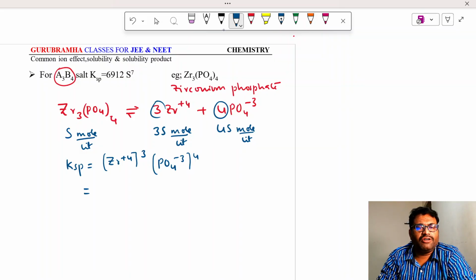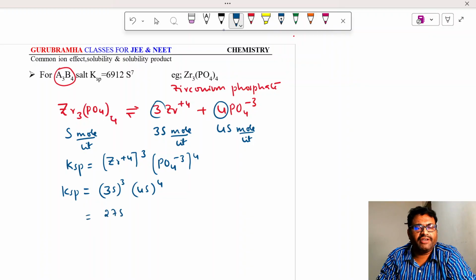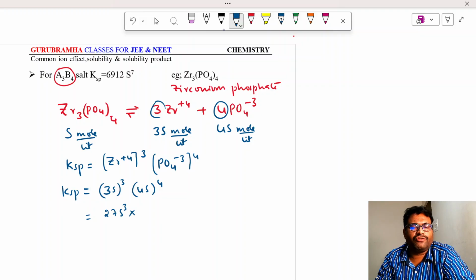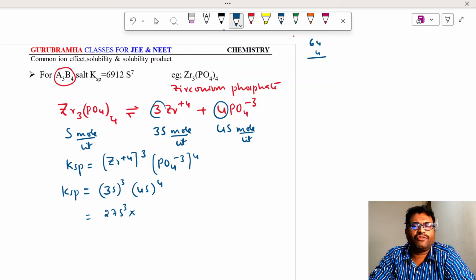So that is equal to 3S whole power 3 and 4S whole power 4. So KSP is equal to 27S cube into 4 4 16, 16 4 64, 64 4 256, right?